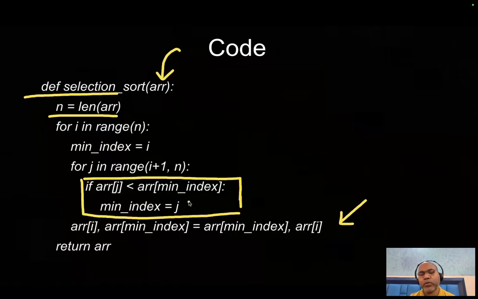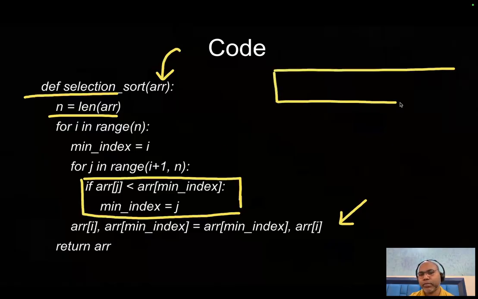So let's write the code so that you can see what it does. First, let's explain, then we write the code. Your array, this is the zero position, 1, 2, 3, 4.